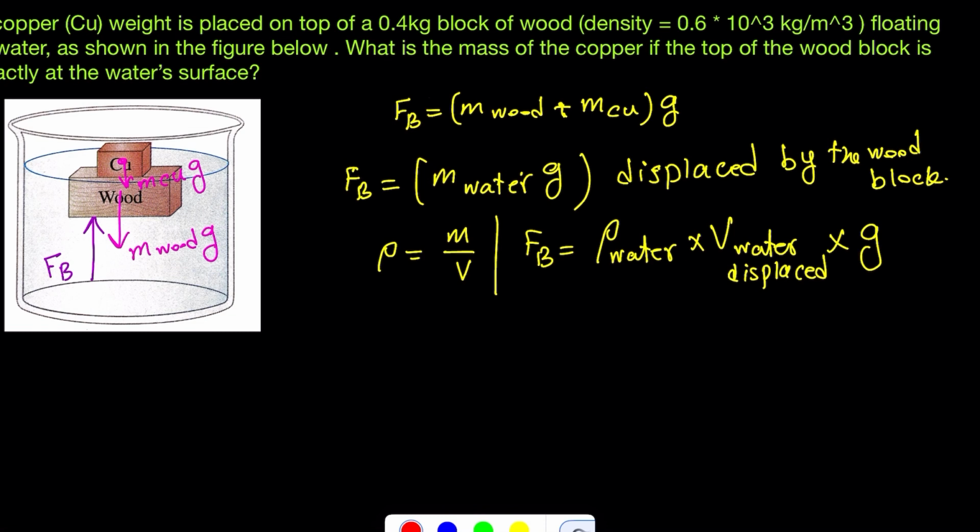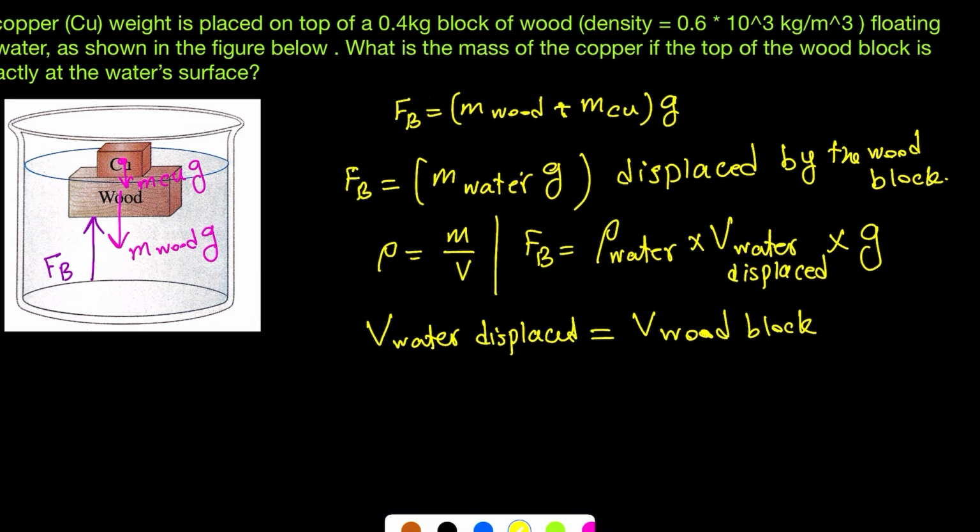But what is the volume of water displaced? The volume of water displaced is exactly equal to the volume of the wood block, because the wood block is immersed in this water. And how to calculate the volume of the wood block? The volume of the wood block is not given.